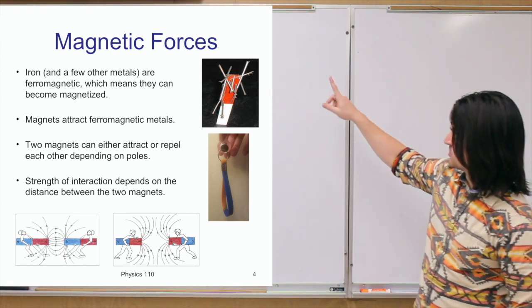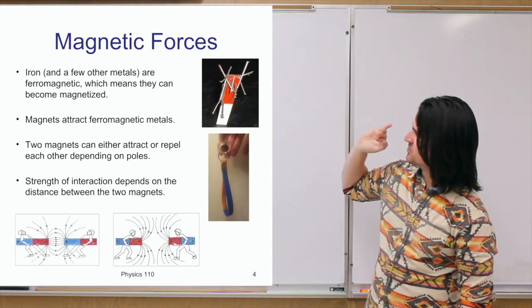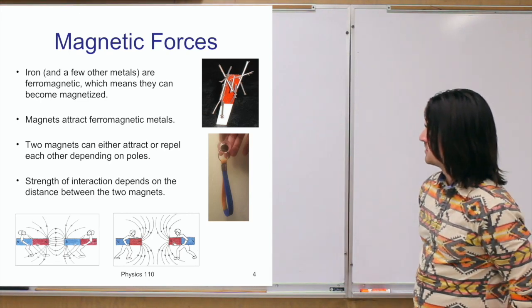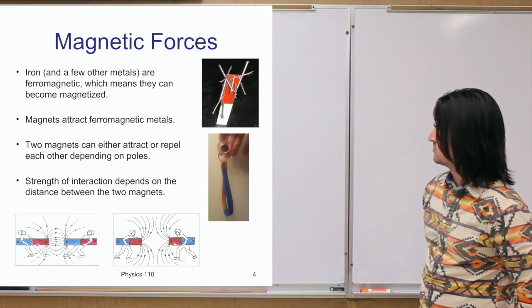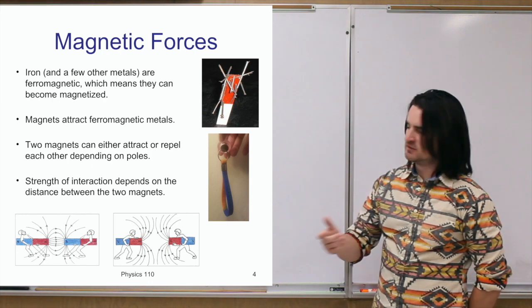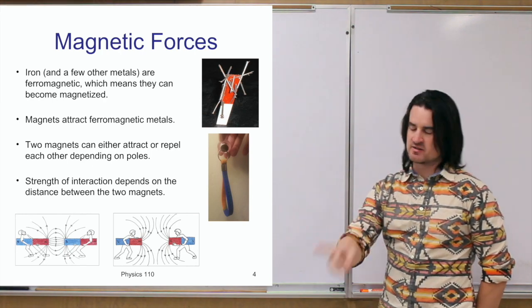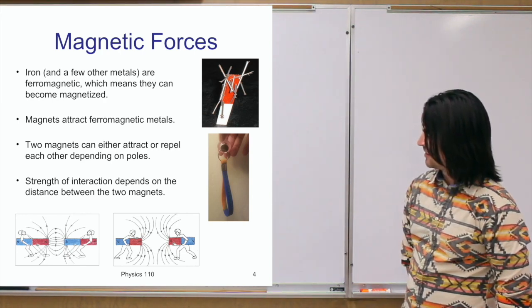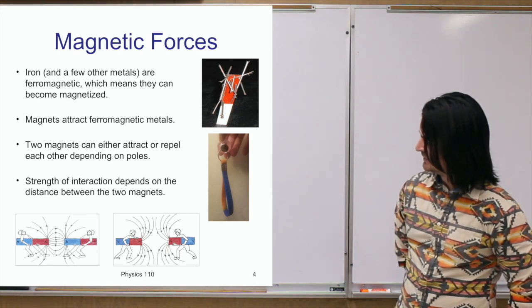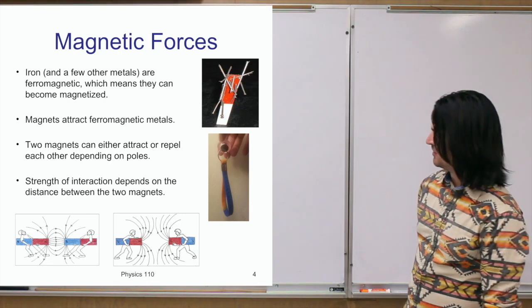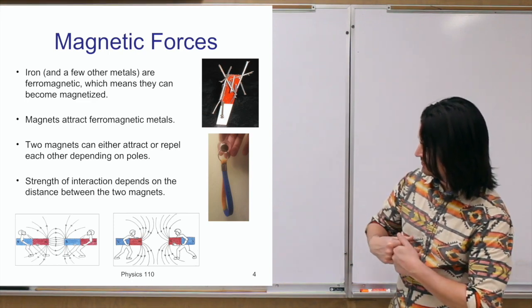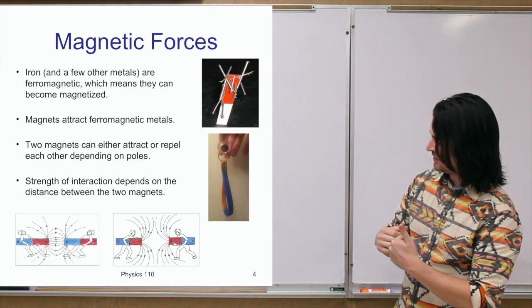So we just have some examples of a magnet with a bunch of nails being attracted to it. Those nails have a lot of iron in them, so they're ferromagnetic materials that can be attracted to magnets. This is just a little fridge magnet attracting a key ring. Again, the key ring probably has iron in it, so it can be attracted by that magnet. And then some silly, cartoonish pictures of magnets, but they get the idea across, where if you're trying to push a north and a north together, it's very difficult.